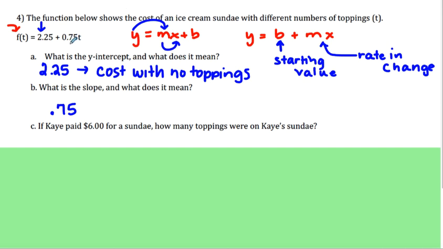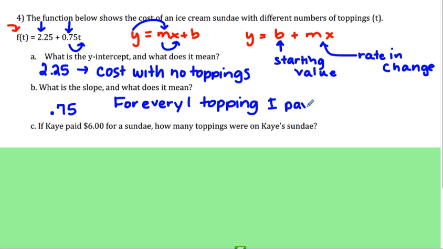So in this case, for every one topping, the cost, I'm going to be paying 75 cents more. That's what the slope means in the context of the problem. It's a rate of change, 75 cents for every one topping.